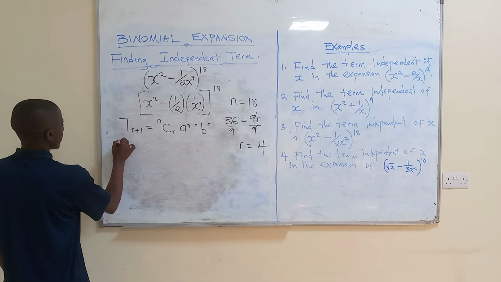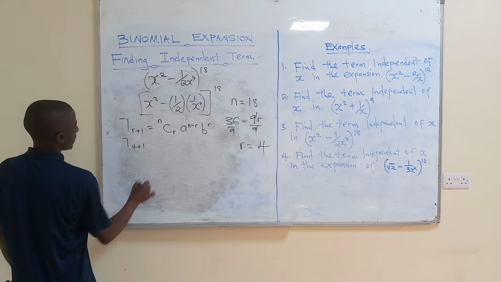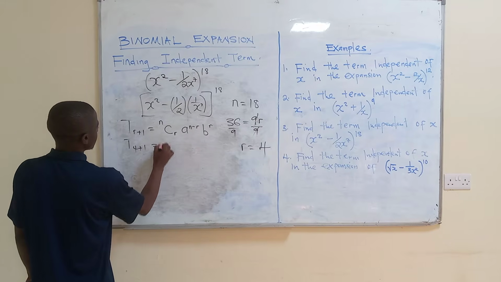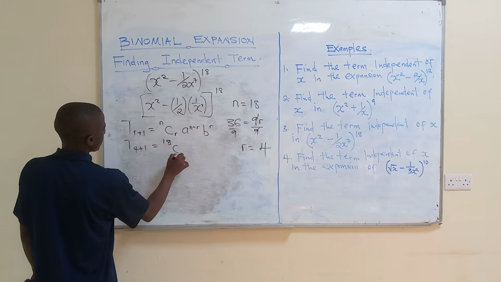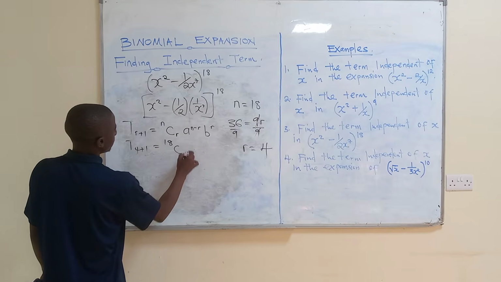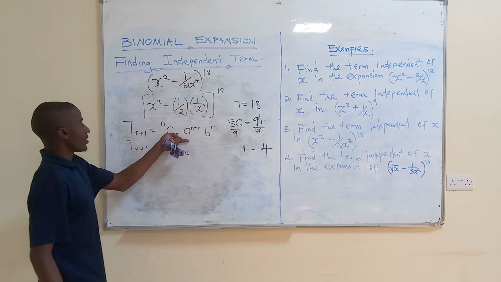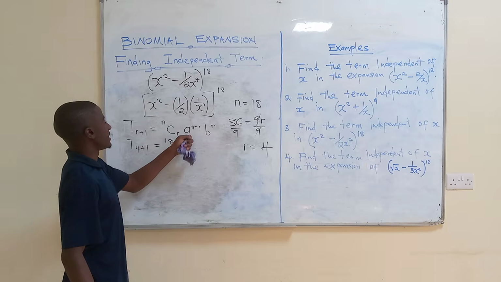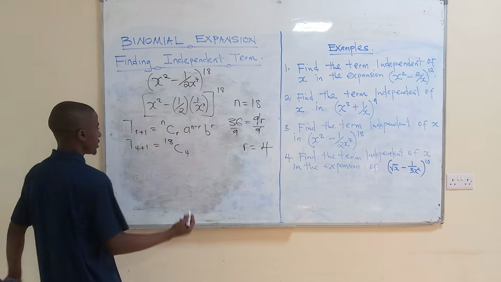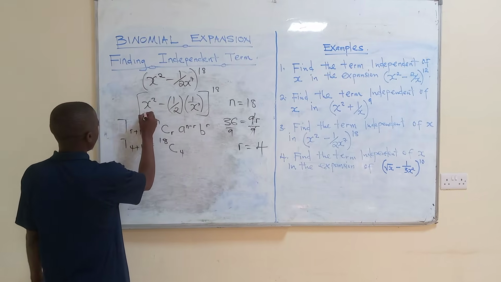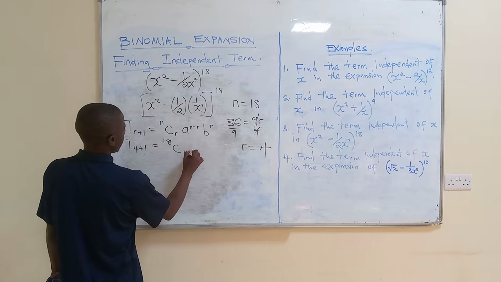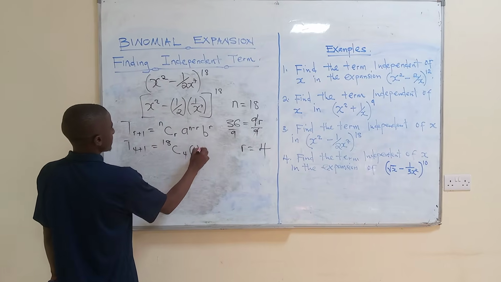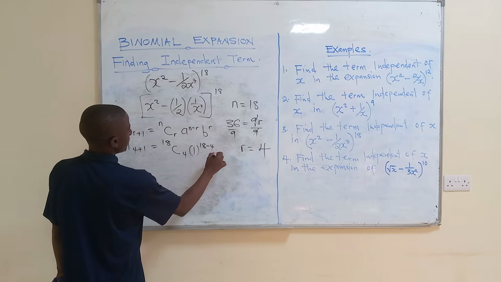So what is r? That is 4 plus 1 is equal to n, that is 18, combination of what? 4. When you are using this kind of formula on a, just focus on the coefficient. So the coefficient of a, that is 1. That is 1. n, that is 18 minus 4.